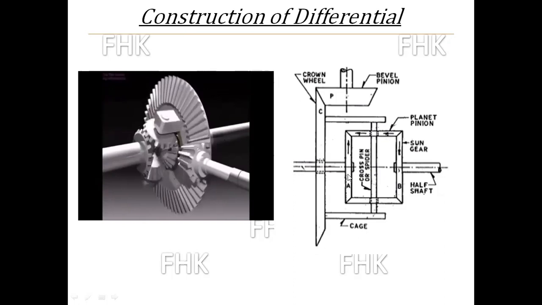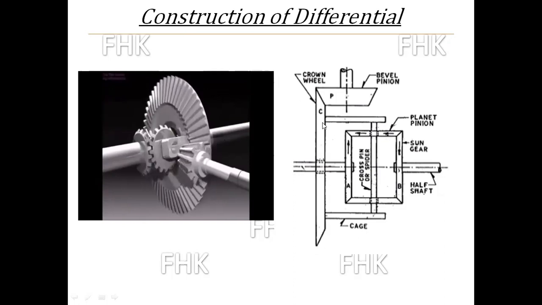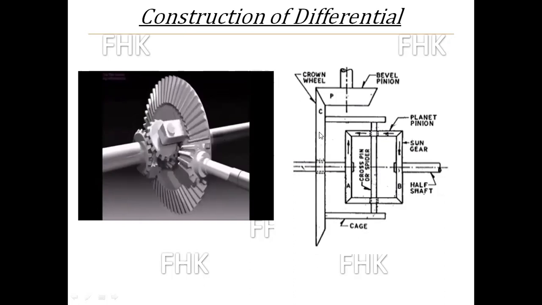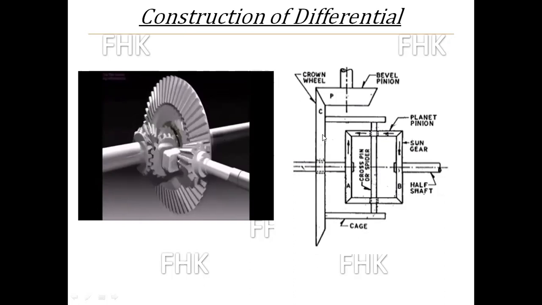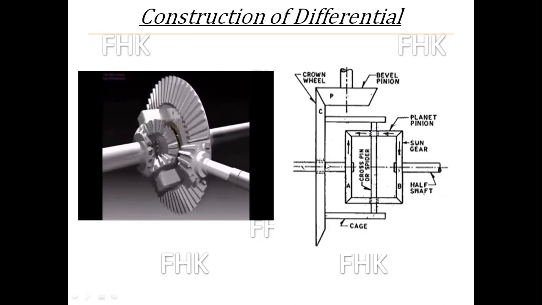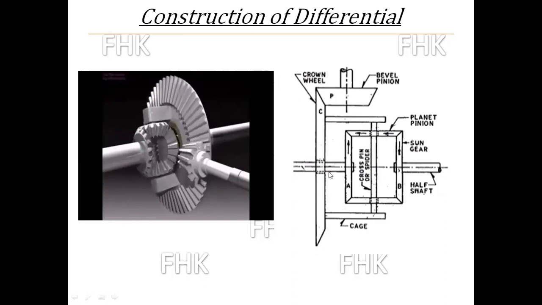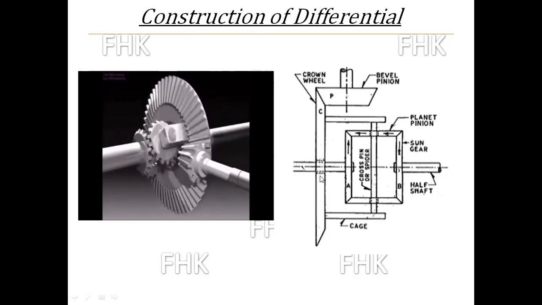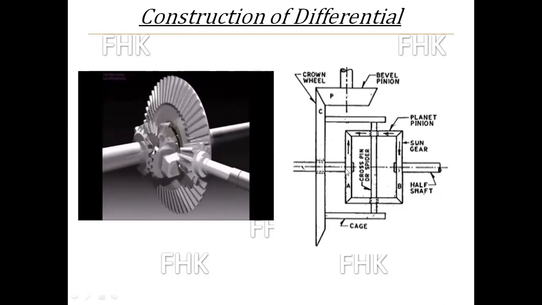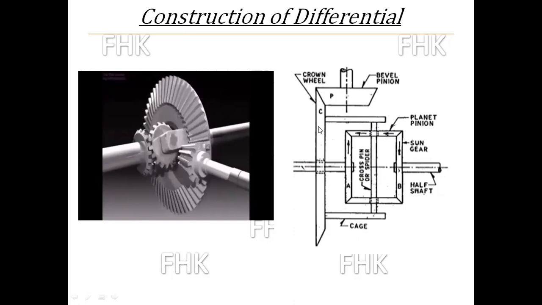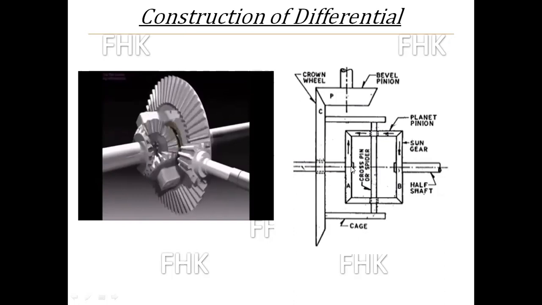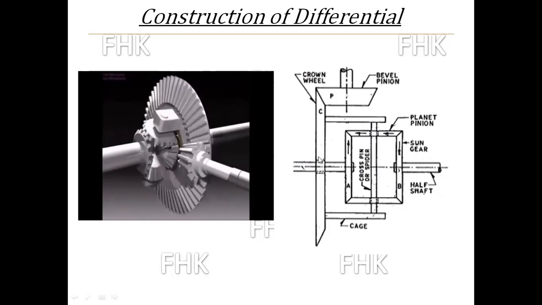A has relative motion with C, the crown wheel. This sun gear A has relative motion with the crown wheel. Here you can see some mechanical component like a bearing is mounted so that you get relative motion between A and C. That means when C is rotating, A can be stationary, or they can have different speeds.